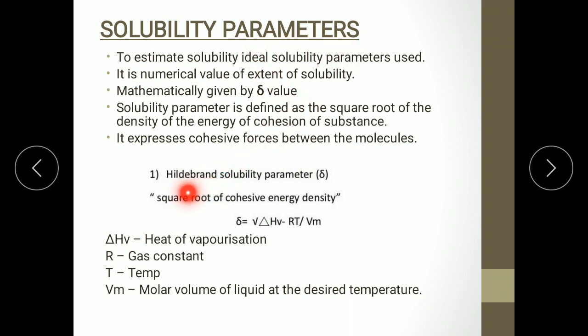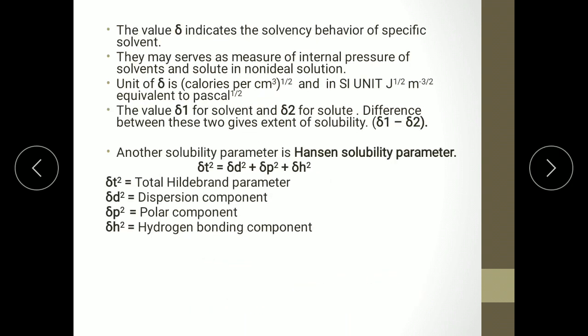It is given by the Hildebrand solubility parameter, that is the square root of cohesive energy: delta equals square root of delta HV minus RT divided by Vm, where delta HV is the heat of vaporization, R is the gas constant, T is the temperature, and Vm is the molar volume of the liquid at the desired temperature.